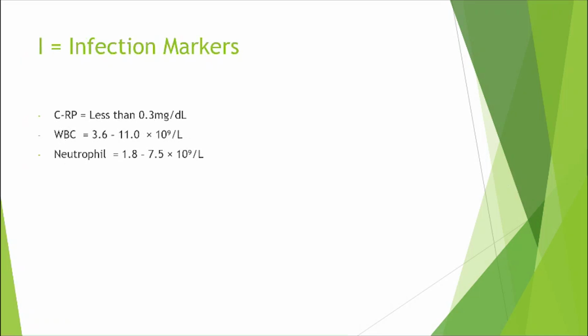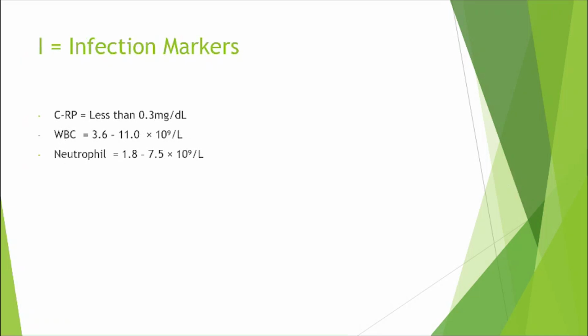If it starts rising, we need to check whether there is any infection. Check WBC and neutrophils also. If there is an increase in CRP, WBC, and neutrophils, it indicates the presence of infection. So always check the inflammatory markers. That's the A to I assessment.